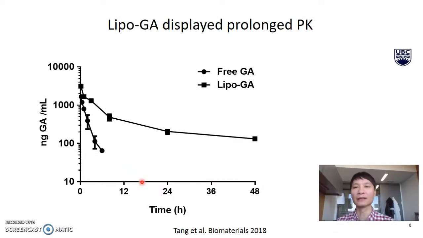As I mentioned earlier, the goal is to produce a formulation that will have a strong association between the drug molecule and the lipid nanoparticles, so that we can really prolong the pharmacokinetics and improve the drug delivery. And as you can see here, this is looking at the blood concentration over time after IV injection, and we compare two different formulations.